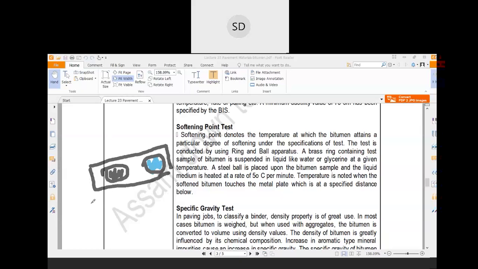At a certain temperature, this bitumen with the ball will be softened and it will fall from the ring. That temperature you have to note down, and that temperature is basically called the softening point of the bitumen.